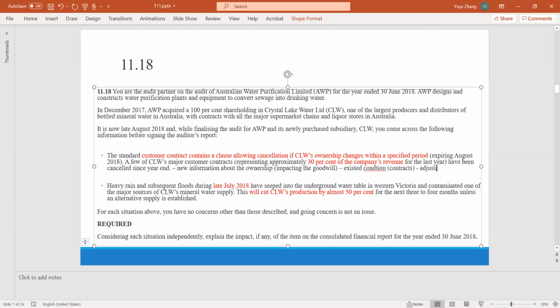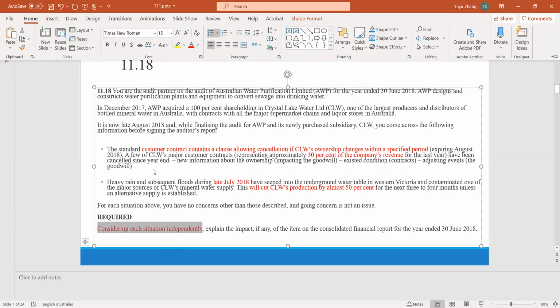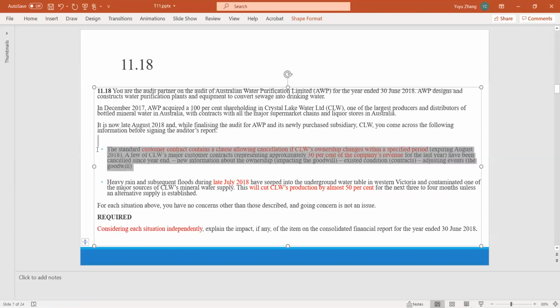Therefore, we are going to recognize this one as an adjusting event. What to adjust is the goodwill recognized. Okay. Because in this question, we are asked to consider the situations independently, your decision about situation 1 wouldn't affect your decision in situation 2.